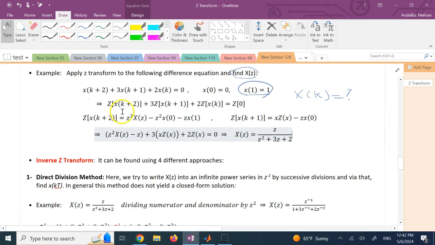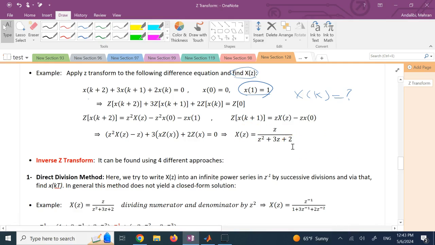So that's what you have right over here. Then z transform of x of k plus 1 is z times x of z, sorry for the typos, minus z times x at 0.